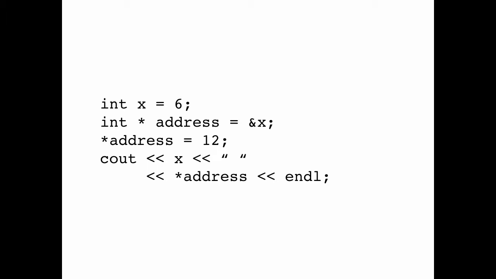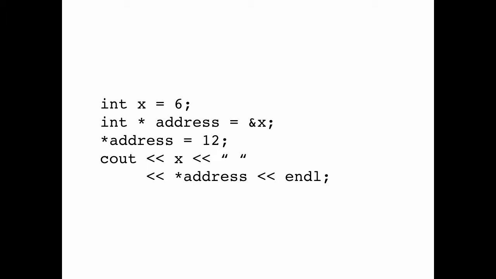So this thing address can hold the address, because the star is there, of an integer. Then we actually assign it to an address. What address do we assign it to? The address of x. So when we have star address, is it the same thing as x? Yeah, it is. You sound skeptical, but it is, right?